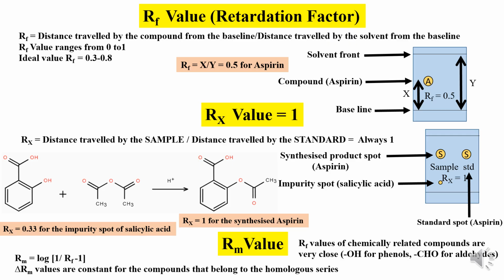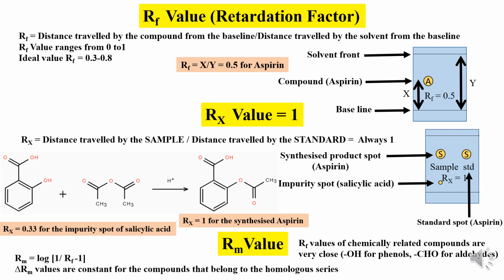Now delta Rm values are constant for the compounds that belong to the homologous series, like orthocresol, metacresol and paracresol. And Rm value can be calculated using the formula log of (1 upon Rf minus 1). So you know how to calculate the Rf value.